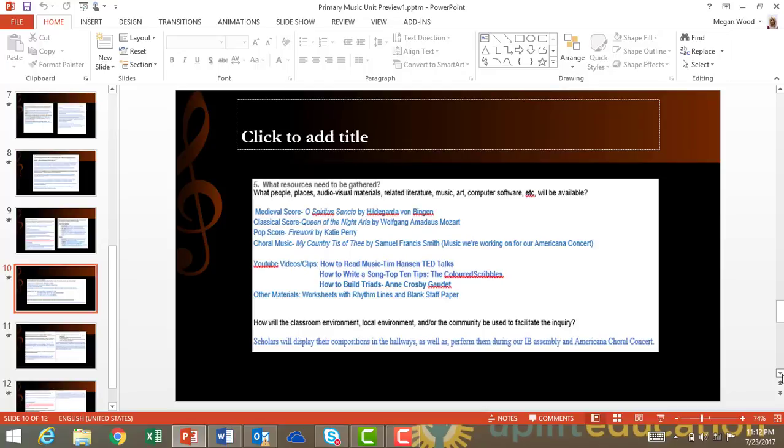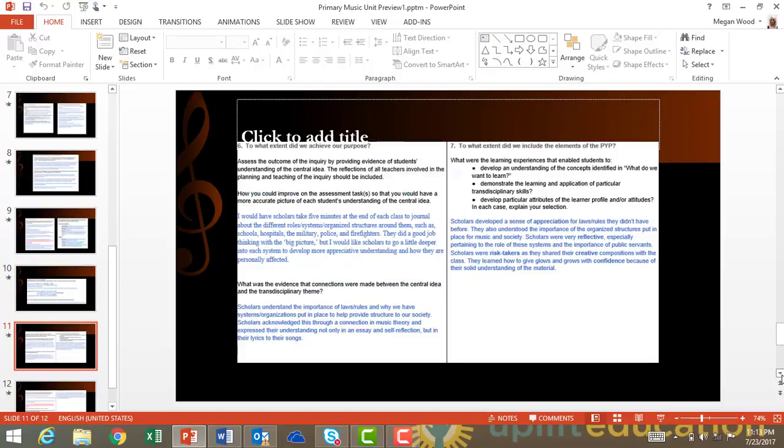So we're using the classroom environment, the school environment, and then the community for a choral concert to facilitate the inquiry. There's a lot of different things you can think about and do during this time, especially being a music teacher.